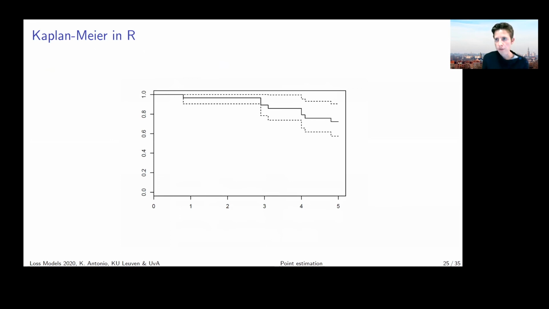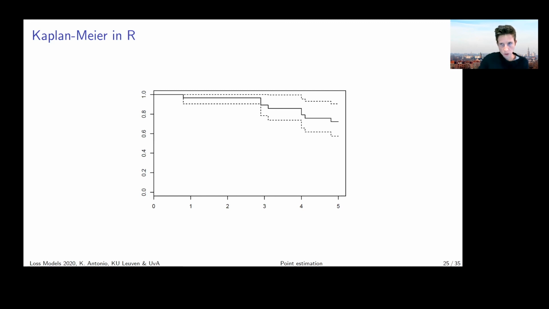Now, what could I do with that? If I'm actually fitting a model to this data set, then one way to use this Kaplan-Meier is to picture the survival function that comes out of my parametric model, which I calibrated on my data, right? To compare this fitted parametric model with the empirical data as pictured by the Kaplan-Meier.